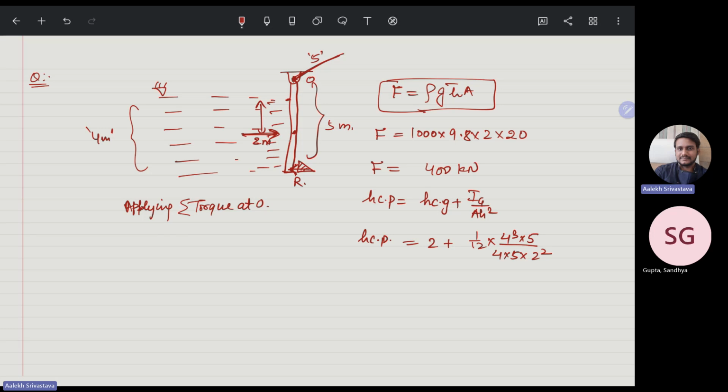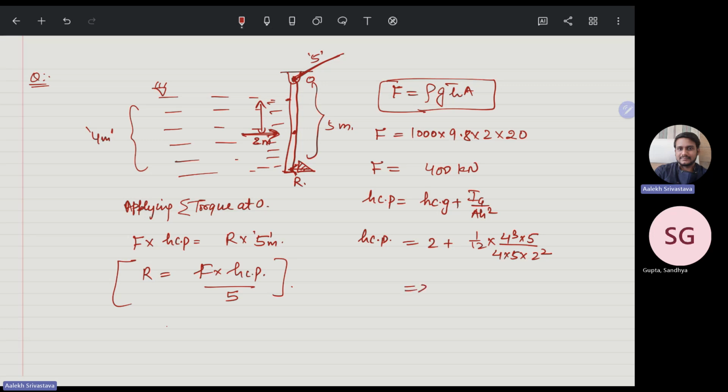Now this is the force that is acting at this point. Then your total force into center of pressure is equal to reaction force into the length, that is 5 meters. So you get the reaction force is equal to force into h of center of pressure divided by 5. Now everything is known in this equation, so we will directly put in and get the value. Let me see what the answer is.